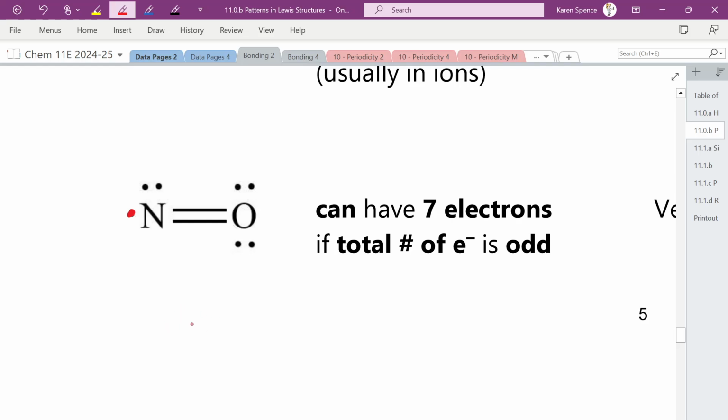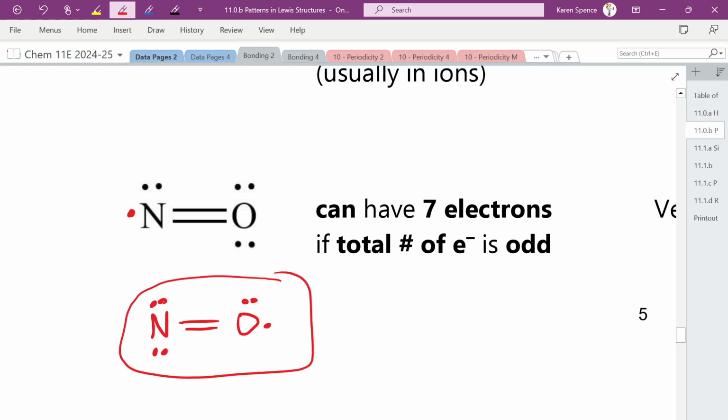Why is that a better structure? Oxygen is better at doing what? Pulling electrons towards itself.